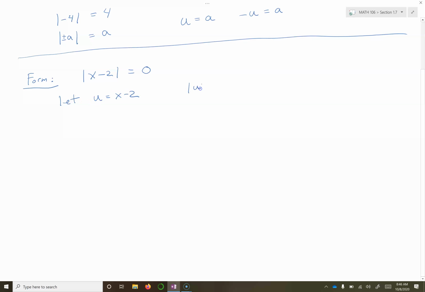If the absolute value of u is equal to 0, then really all that means is u has to be equal to 0, because there's no plus or minus involved with that. So if you ever see an absolute value polynomial with 0 on the other side of the equation, you literally just go x minus 2 equals 0.